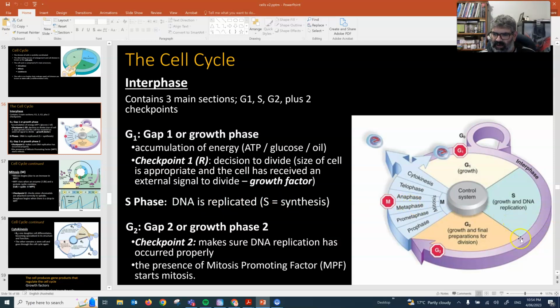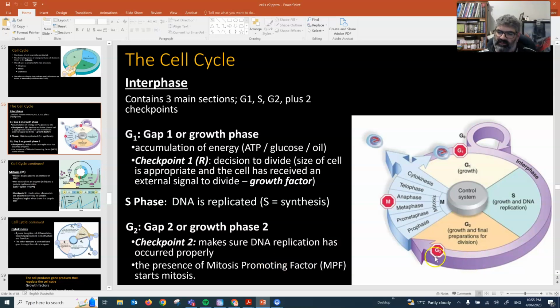Then it stops again at G2 and will only proceed past that checkpoint once DNA replication has occurred properly. So it's a bit of an error checking mechanism, and there's a molecule called MPF, mitosis promoting factor.